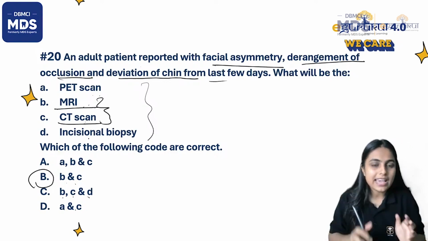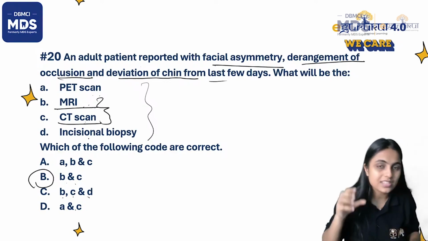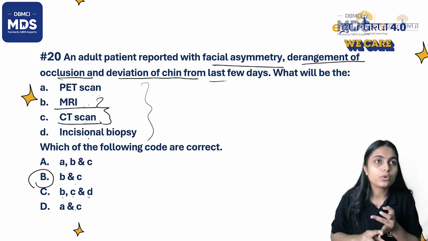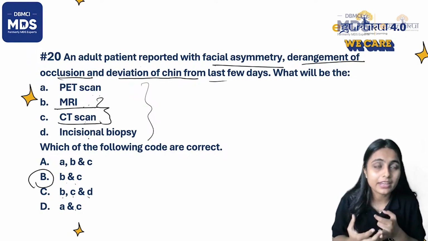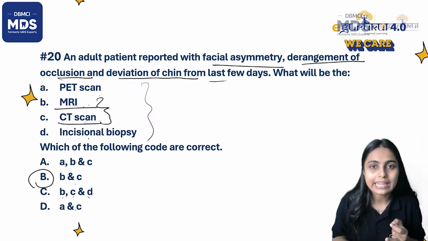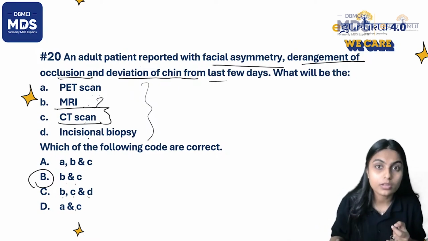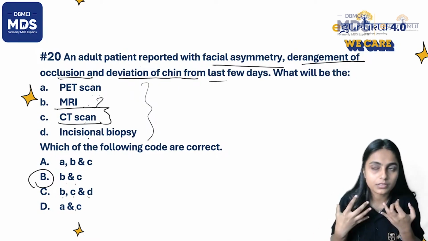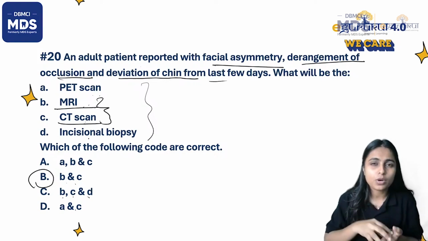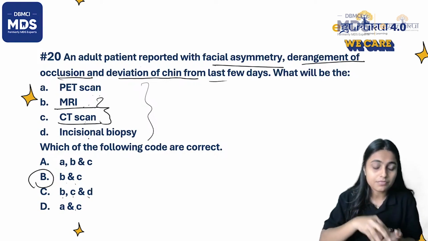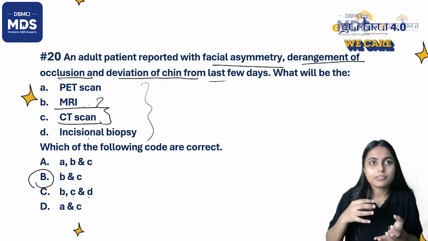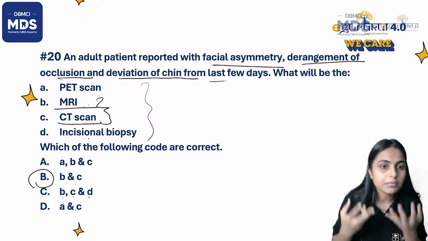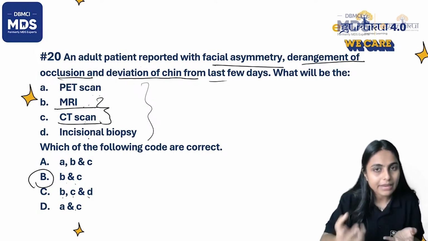So PET scan is what we suggest in cases of metastasis, when you are suspecting increased metabolic activity, or any bone disorder. If you are confused whether there is any kind of metastasis in the body, at that time you suggest PET scan.